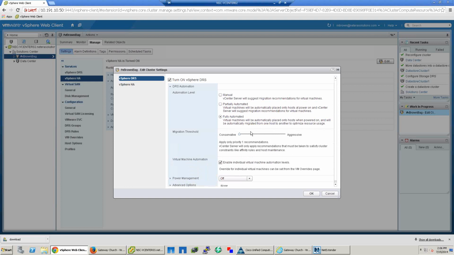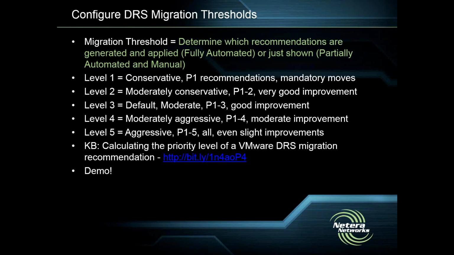Okay, partially automated will let DRS place virtual machines on hosts when they're powered up, and further, partially automated will only suggest if performance or balance would be improved if virtual machines could be vMotioned around.